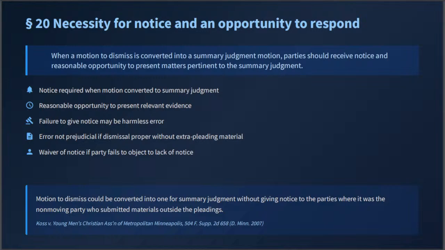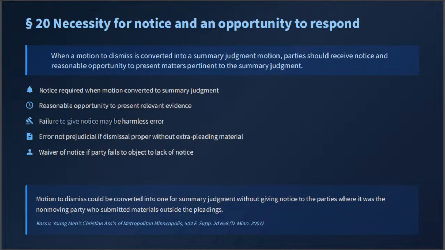Now we're on section 20, the necessity for notice and an opportunity to respond. When a motion to dismiss is converted into a summary judgment motion, parties should receive notice and a reasonable opportunity to present matters pertinent to the summary judgment. So a notice is required when the motion is converted to summary judgment. It gives a reasonable opportunity to present relevant evidence.